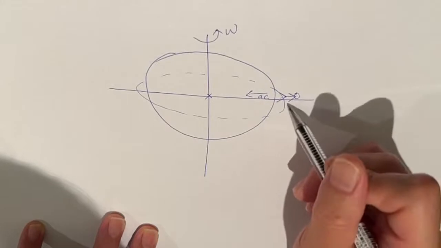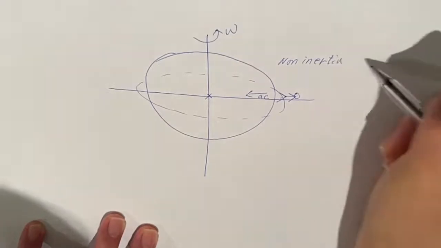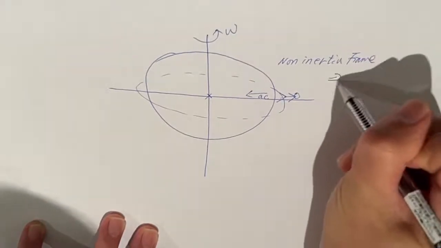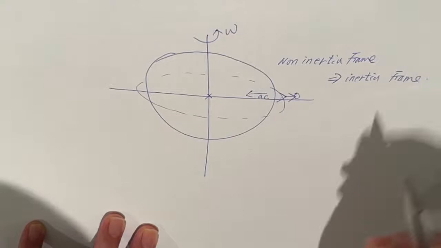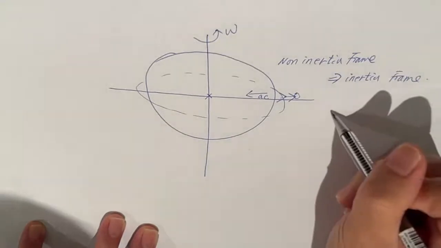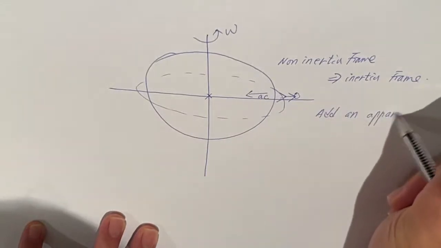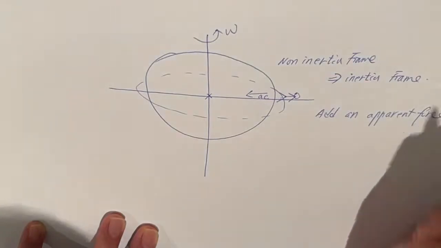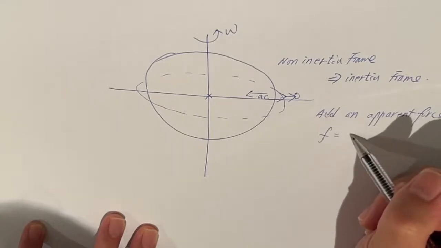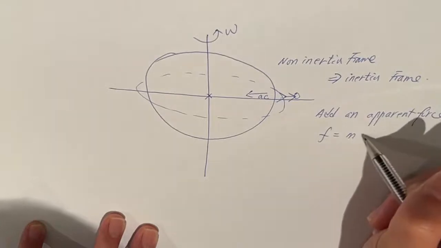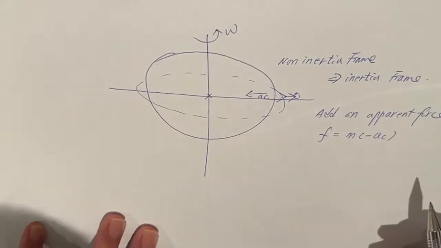So in order to make it become an inertial frame, from non-inertial frame to inertial frame, we need to add an apparent force equal to m times minus AC, in the opposite direction of the acceleration of the frame of reference, right?